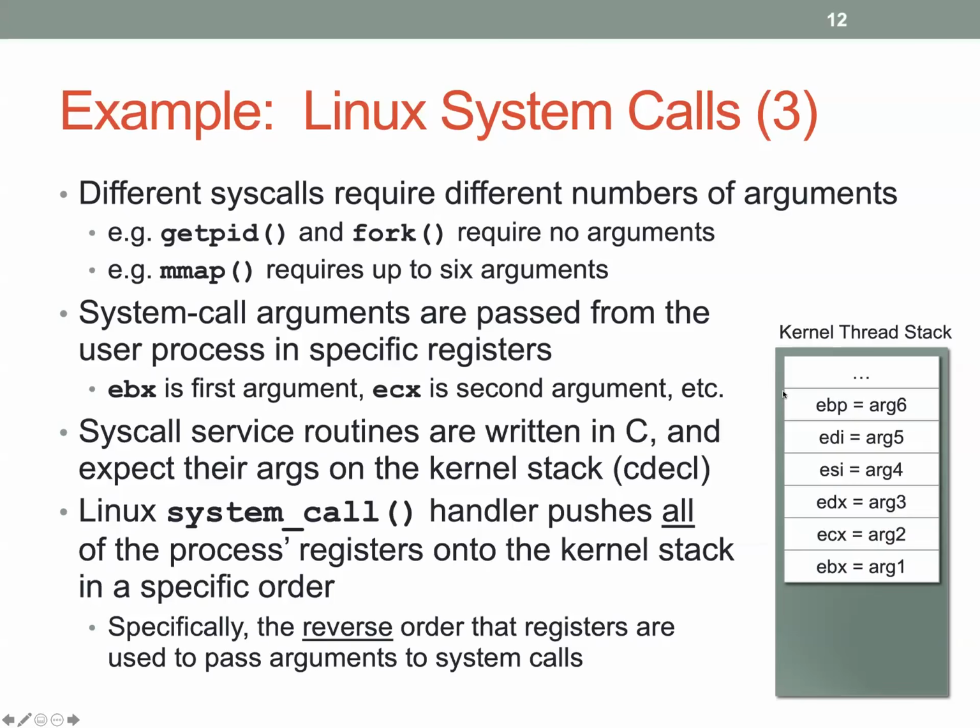But then the service routine dispatcher will save the arguments in reverse order. And remember that on IA32, on x86, as you push stuff, the stack pointer moves downward.